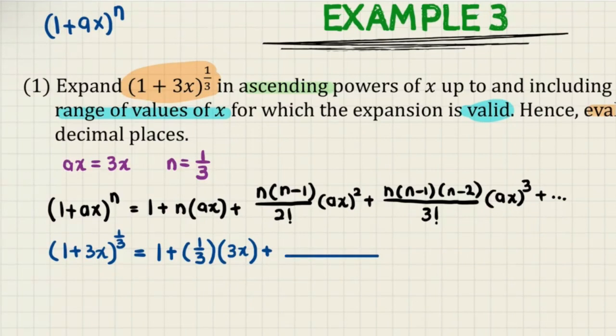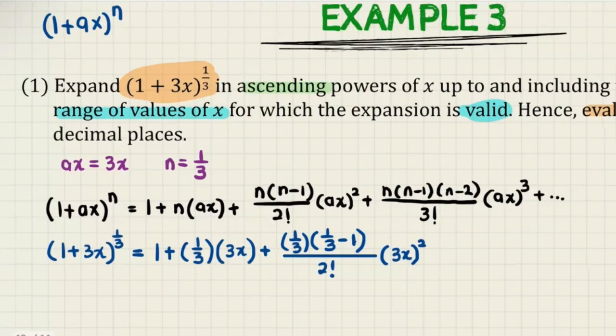So salin N kita adalah 1/3. Kemudian 1/3 tolak 1. Okay. So kat sini kita ada 1 term, 2 term. So dia akan jadi 2 factorial. Dan AX kita adalah 3 of X to the power of 2.